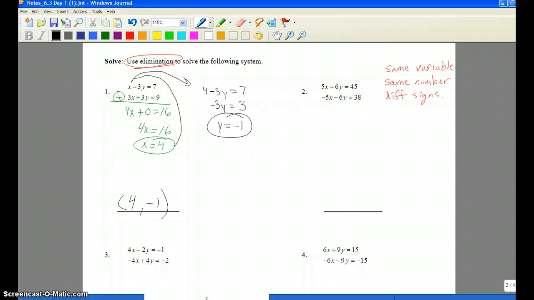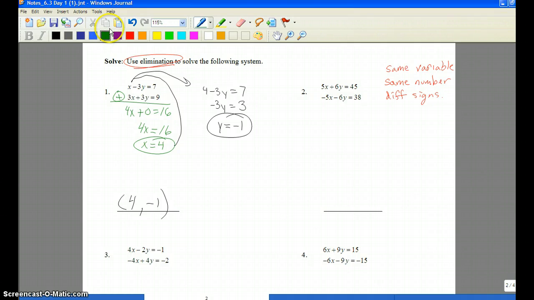But right now, number 2, do we have the same variable having the same number and different signs? Which one? X or Y? Both, right? Both of the variables, the x's and the y's, have the same number and different signs.